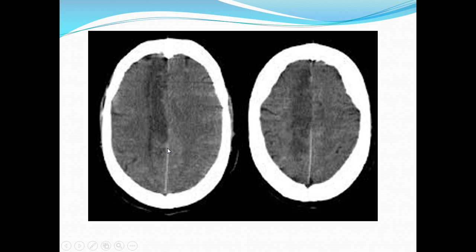There are basically two cerebral hemispheres, which are united by the falx cerebri. So we can see a well-defined hypodense area in the right side of the falx, in a parasagittal location. This is another ischemic infarction.